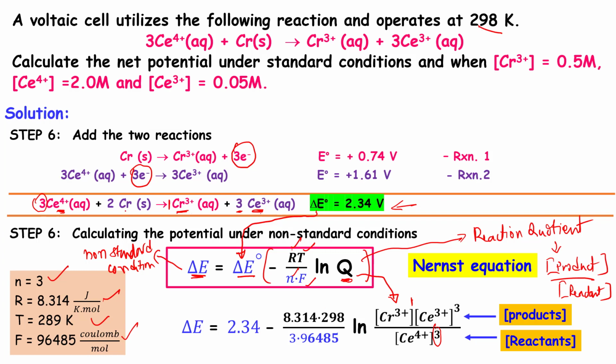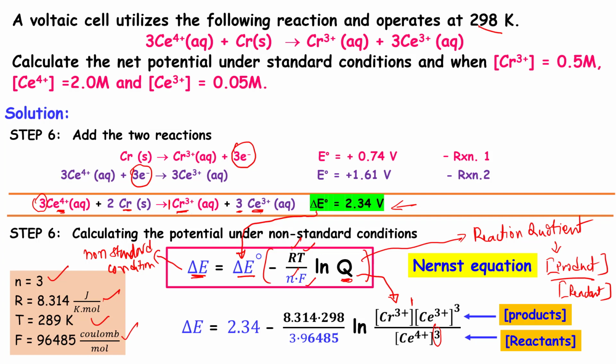But you can see that this chromium over here is not there in this Q. Why is it that we've not included the chromium solid there? The reason is, if you remember our rules for writing reaction quotients and equilibrium constants, we never include pure solids, we never include pure liquids. So we don't include pure solids and pure liquids. Because chromium is a pure solid, we don't include that in the denominator.